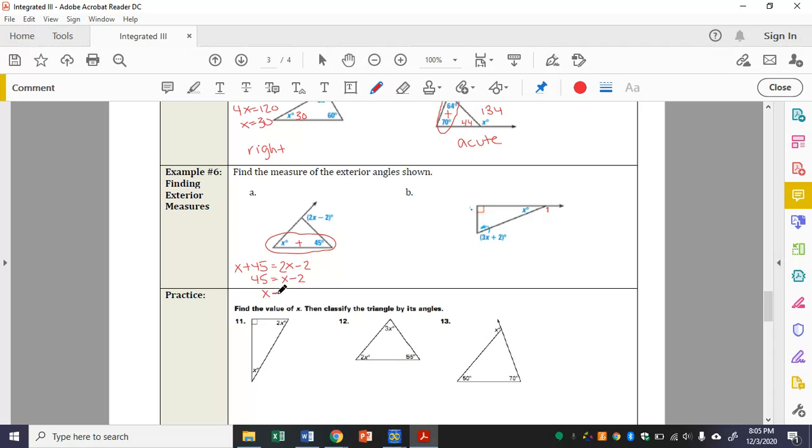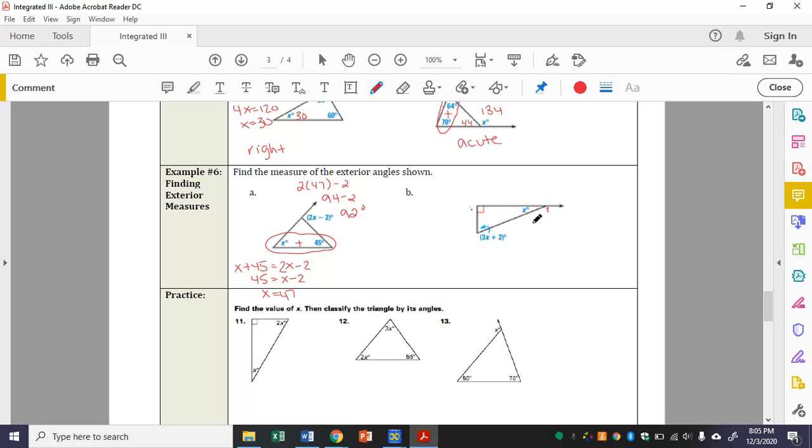We add 2, and x is equal to 47. We want to find the measurement of this exterior angle. So we would take 2 times 47 minus 2. That gives us 94 minus 2, so this angle out here is 92 degrees.